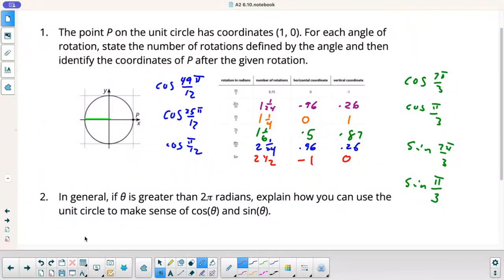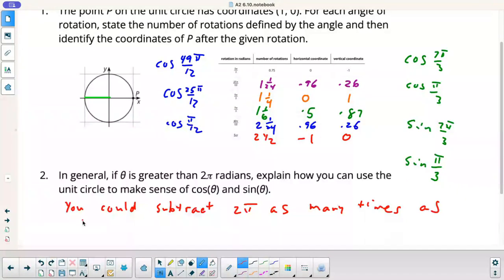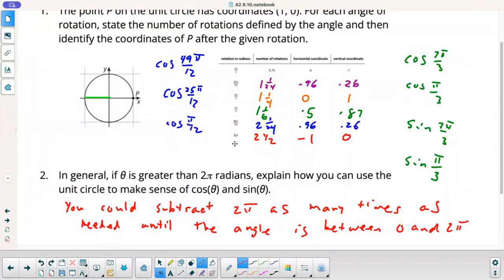So I would just say you could subtract 2 pi as many times as needed until the angle is between 0 and 2 pi.